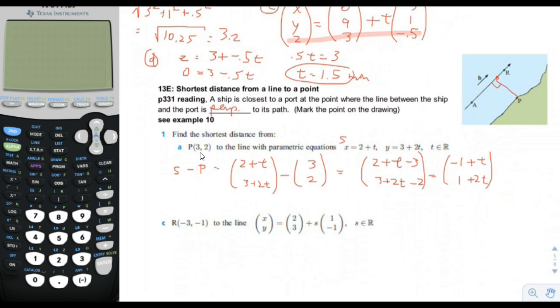We don't know exactly its path yet because we're going to determine it so that it's perpendicular to the path of this line.